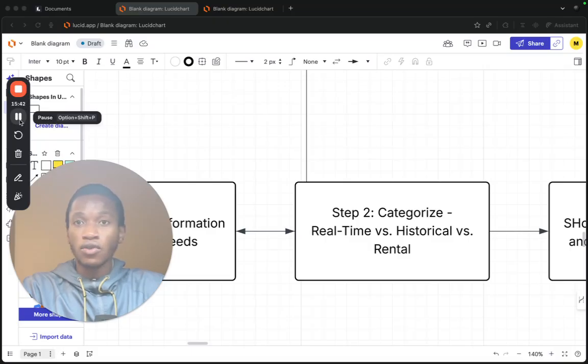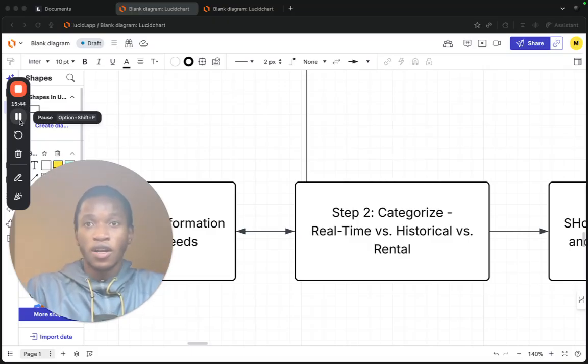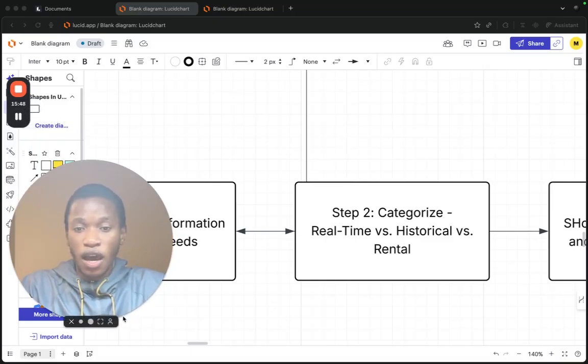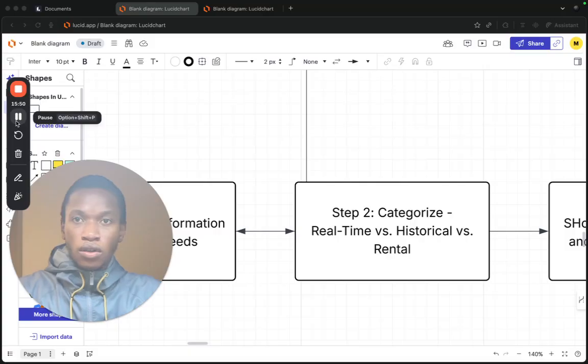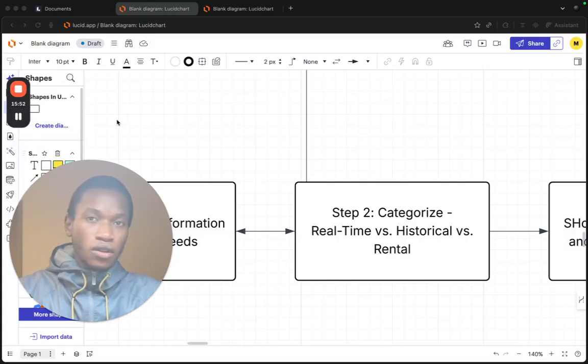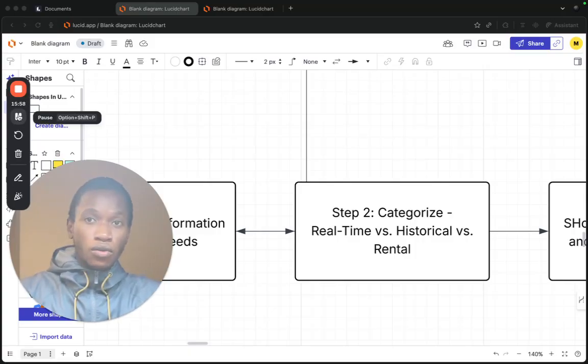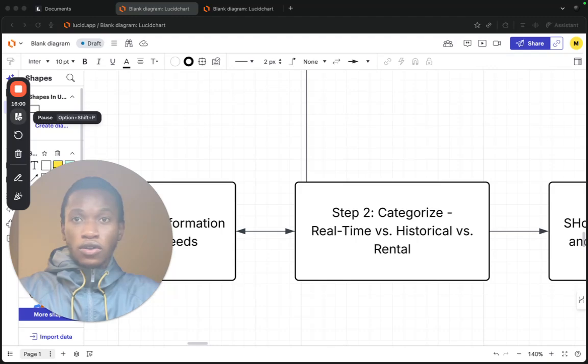And then there's your rental, which is your external information such as APIs. This is information you don't own. You rent access from services.